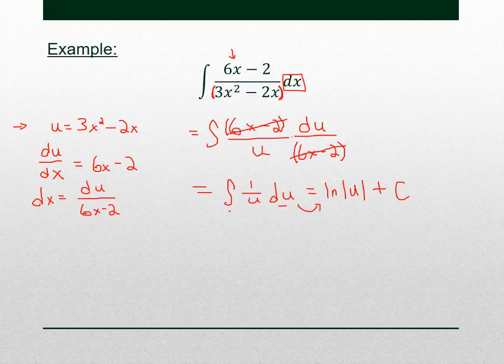Now, just like before, I started out with x's, so I want my answer to have x's in it, not u's. So I'm going to substitute in what I let u be equal to, and I get the natural log of the absolute value of 3x squared minus 2x plus c.